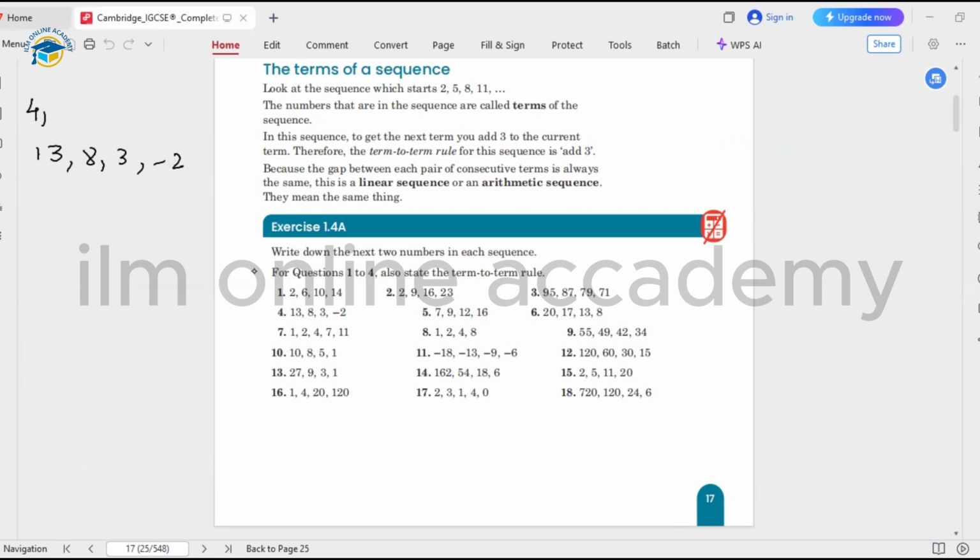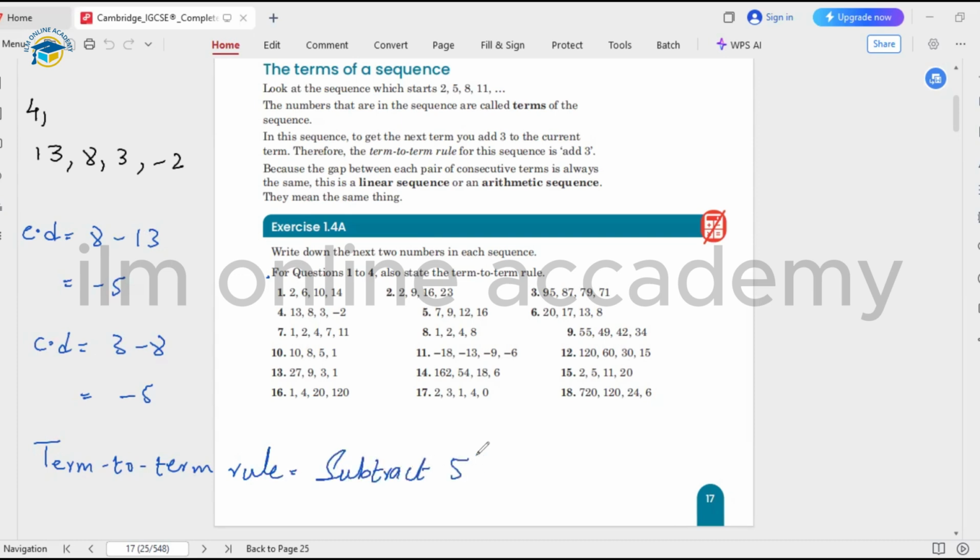Again, first of all, we find the common difference. 8 minus 13 will be negative 5. Finding one more common difference, 3 minus 8 will be negative 5. So it means that your term to term rule is subtract 5 each time.